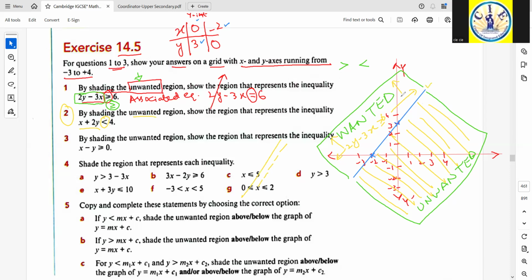Okay, so let me wind it off and let me have the same axis on which I need to draw the graph.